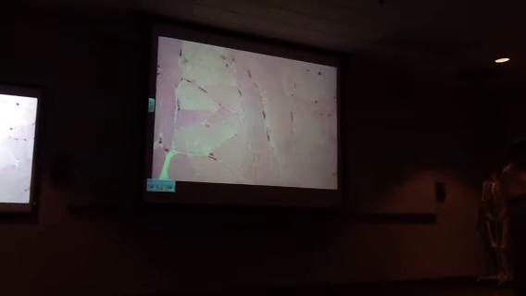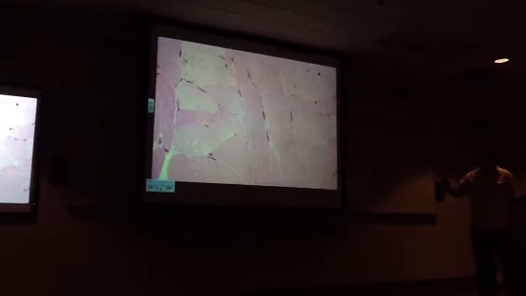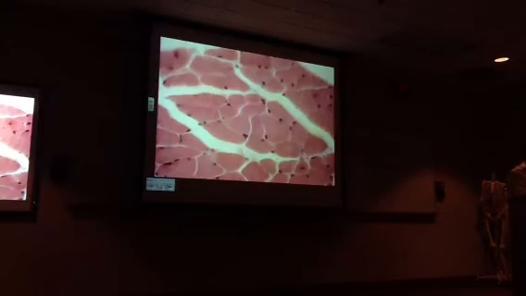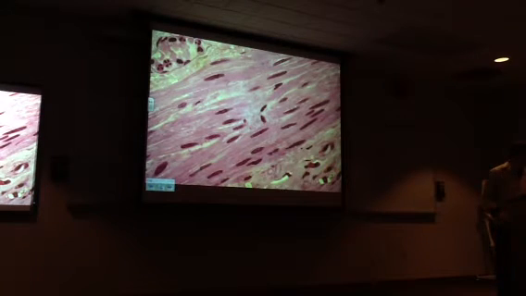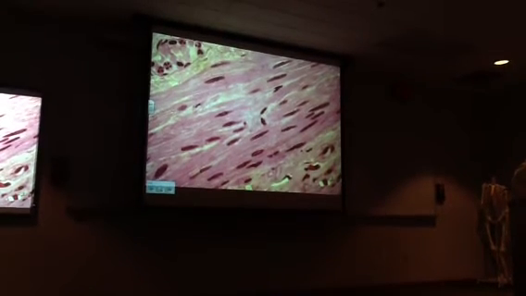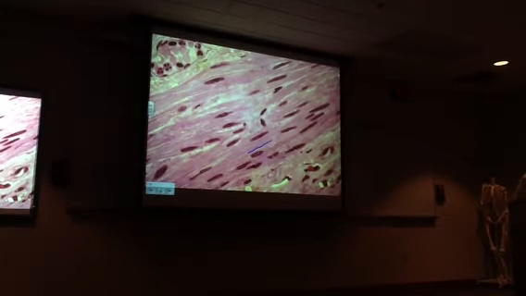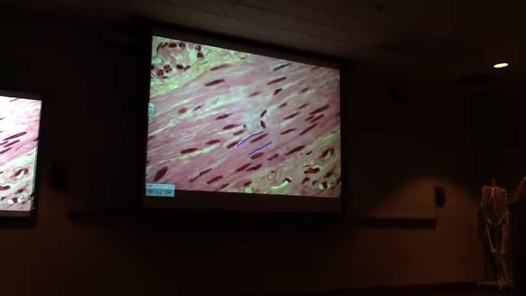This skeletal muscle, and the nuclei are kind of on the edges of the fibers. Here you can see nuclei, and the trick with it is to say, well, I think I'm seeing a fiber like this, a cell boundary like this.